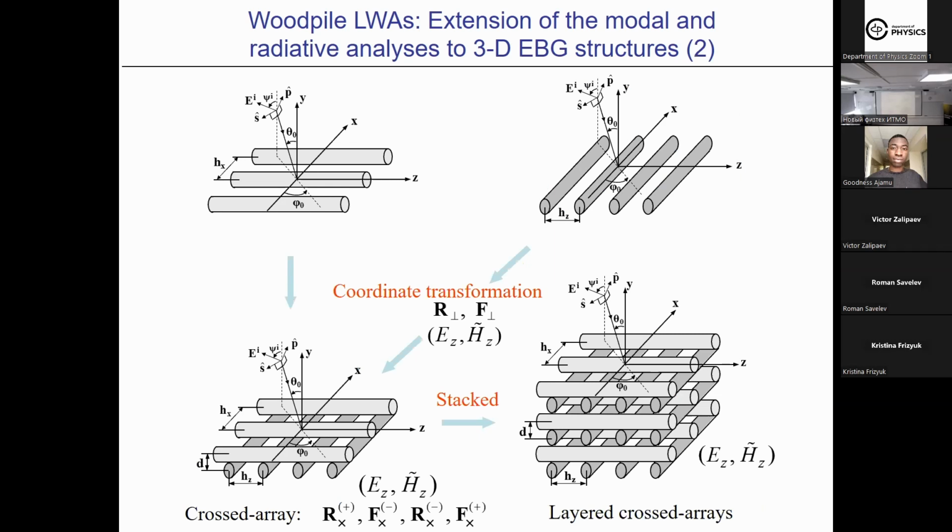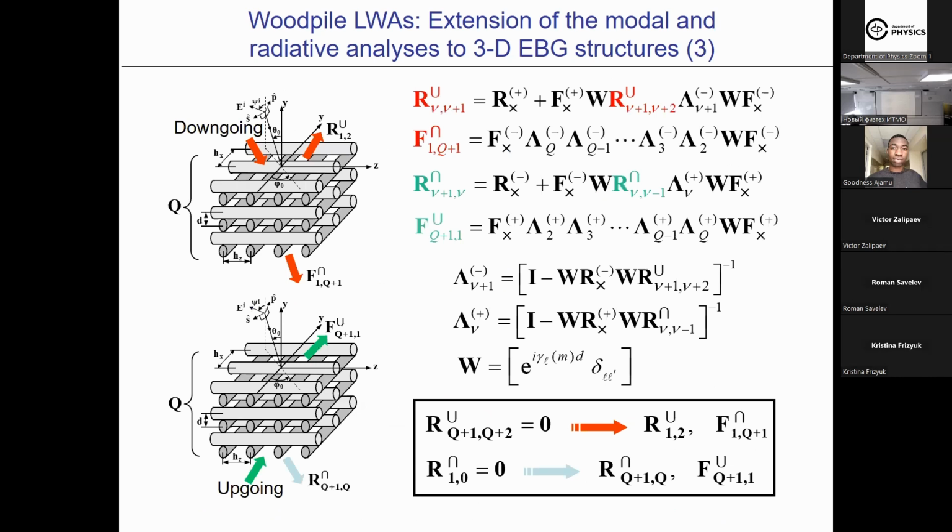Of course, field rotations are also considered. And finally, we can very easily calculate a multilayer structure. And these are the formulas to get the reflection and transmission matrices for this structure, where we can calculate the generalized reflection and transmission matrices.